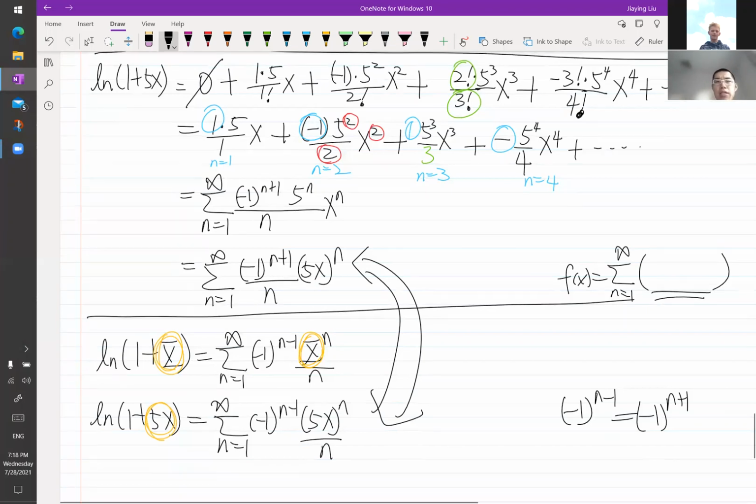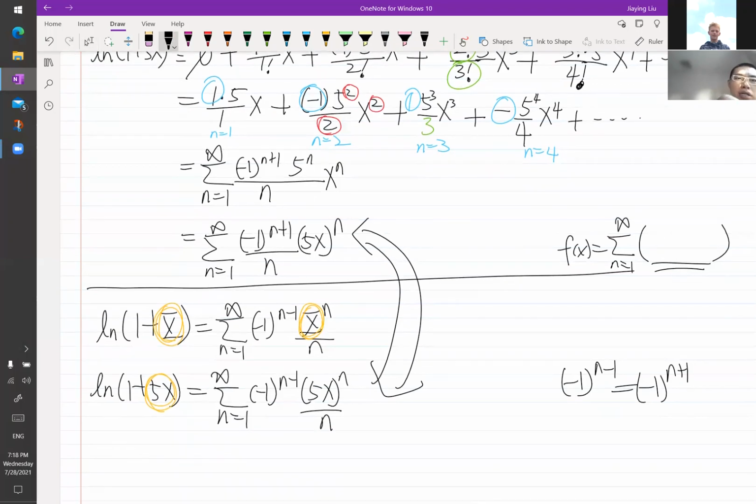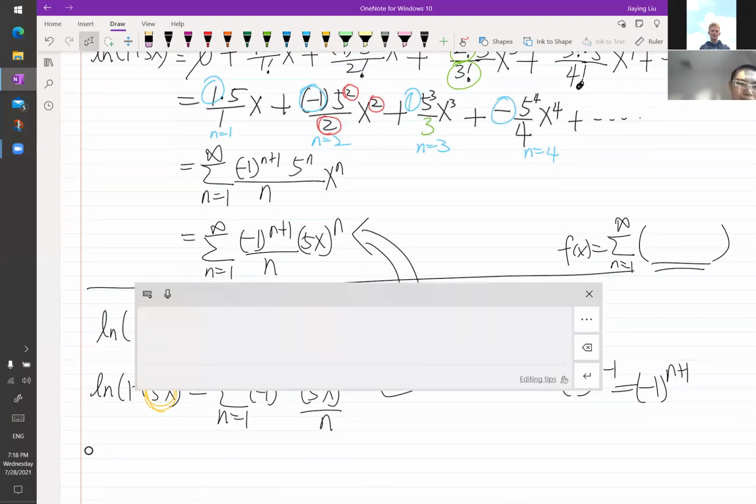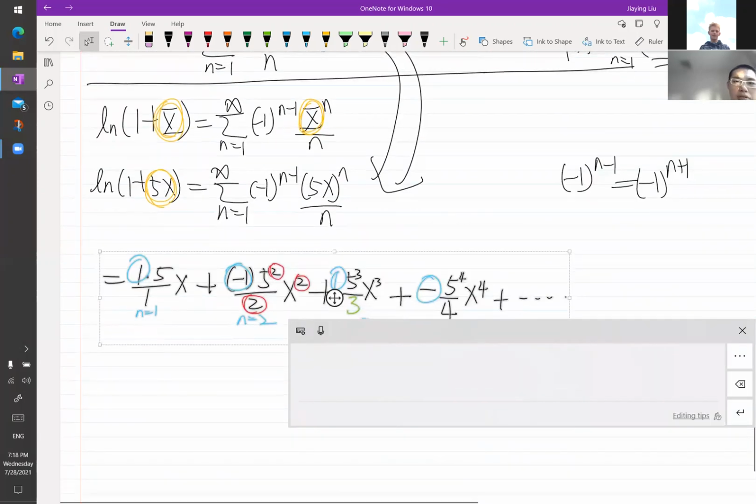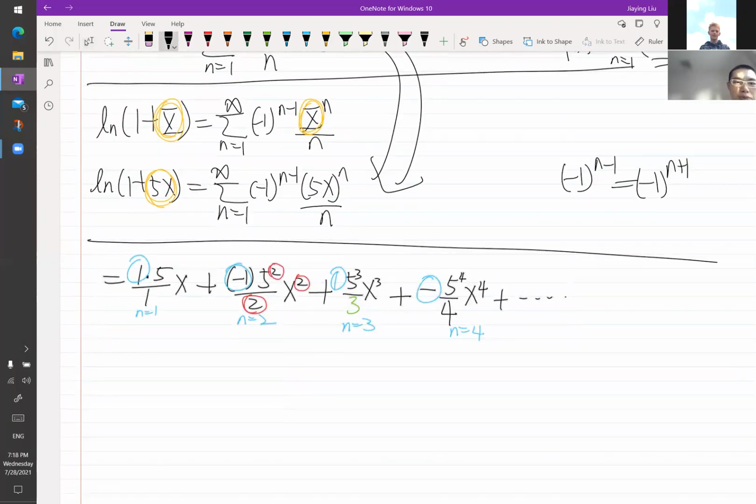Actually, I want to show you that. That's a good point. So I'm going to take this. Let's see if I can copy this. So I'm going to copy and paste it here. Okay, so these are the non-zero terms we had, right? We said n equals 1, n equals 2, n equals 3, and so on.